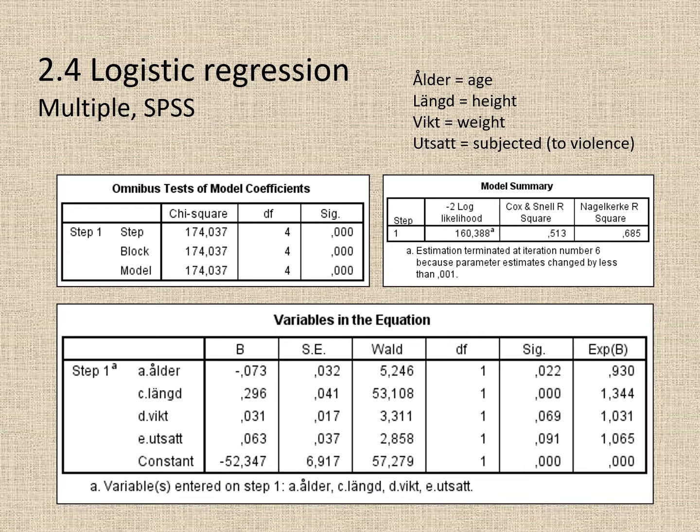When height increases by 1 centimeter, what happens? The odds of being a man increases 34%, given that the 3 other predictors are kept constant.